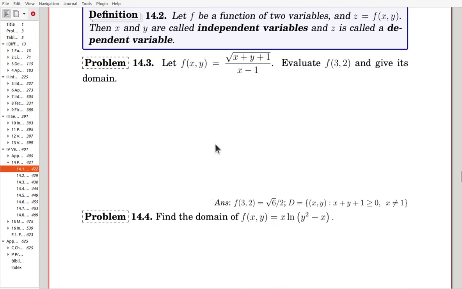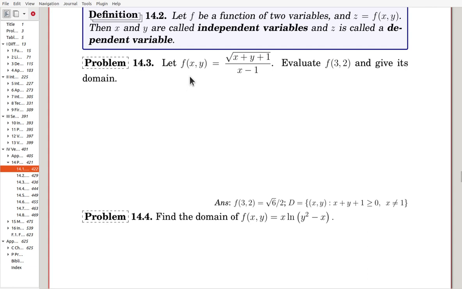Okay, f of (x, y) is defined in this way. Evaluate f(3, 2) and give its domain. Here, the domain means that we collect all the points where the function is defined.